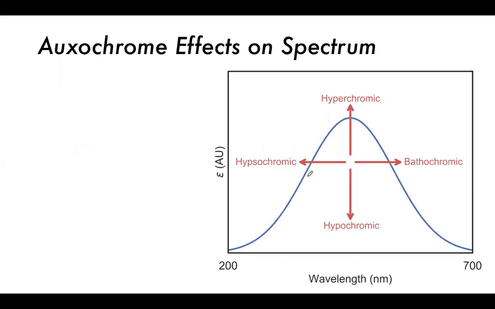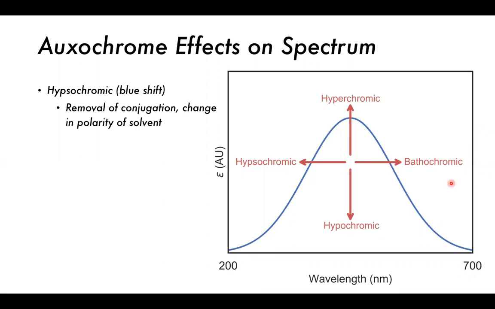So oxychrome effects on the spectrum. We've already talked about hyperchromic shifts, hyper meaning larger, increases the absorbance. Hypochromic, hypo meaning smaller, decreases the absorbance. Hypsochromic is a blue shift towards higher energies, and bathochromic is a red shift towards longer wavelengths or lower energies. A hypsochromic blue shift is the removal of conjugation and the change in polarity of the solvent.